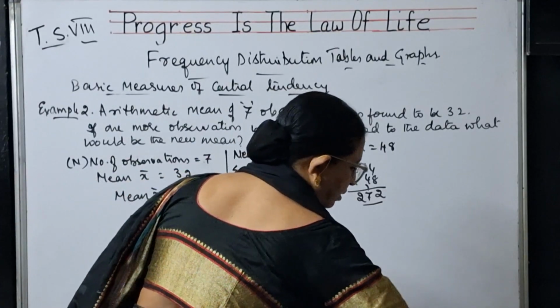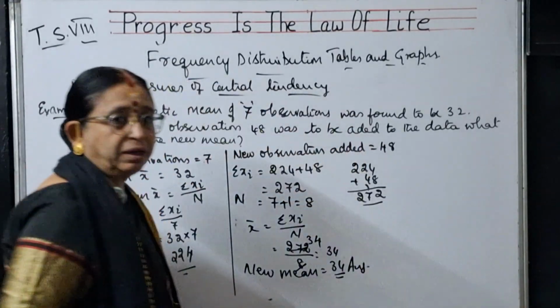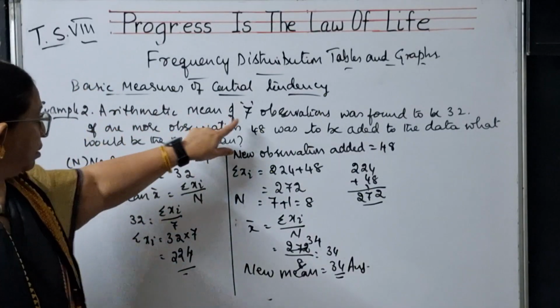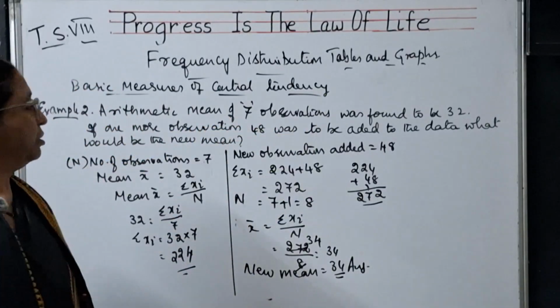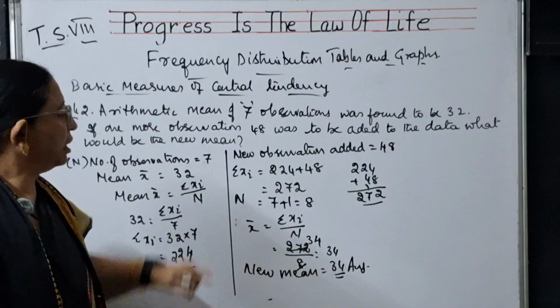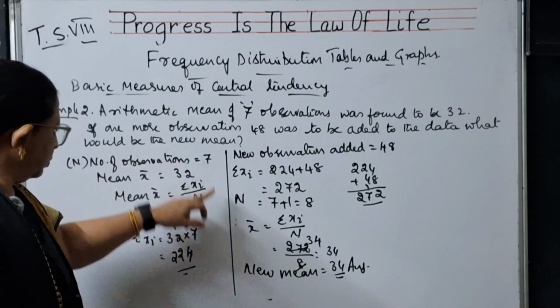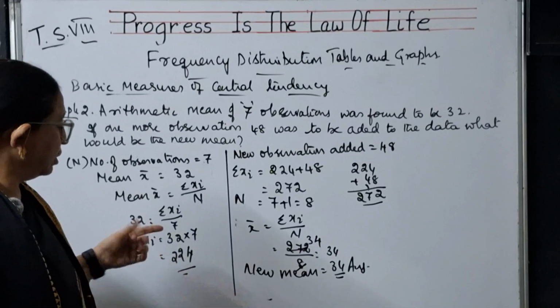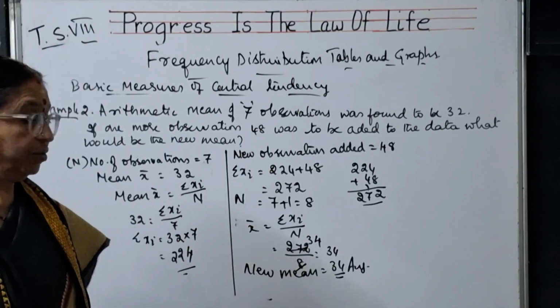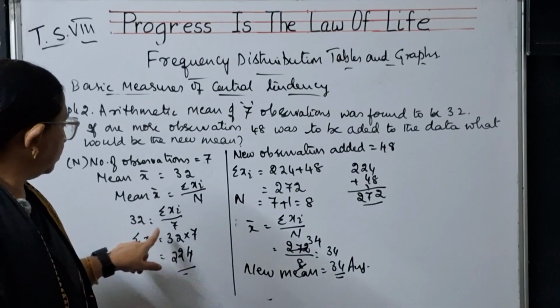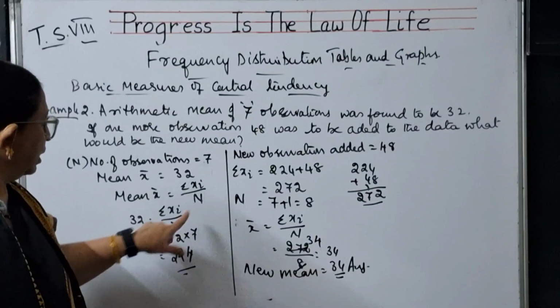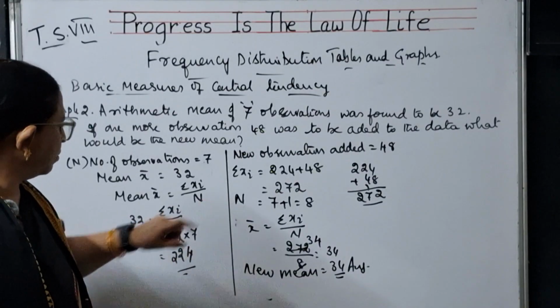So please understand the problem. Earlier, 7 observations were there with mean 32, but after adding 48, what is the new mean? First we should know the sum of the values of the 7 observations. 32 is the mean they have given, and n is the number of observations they have given.